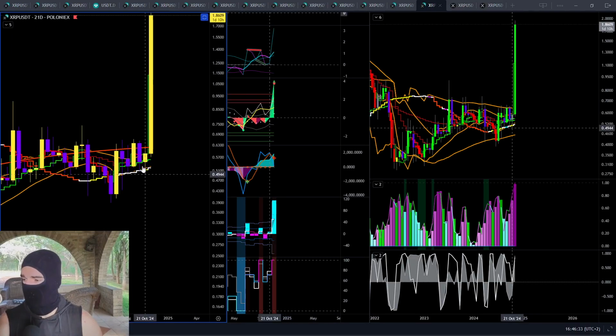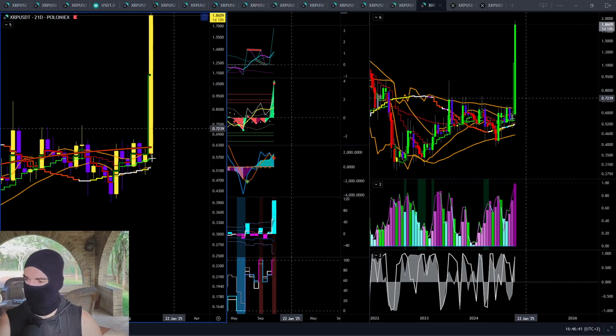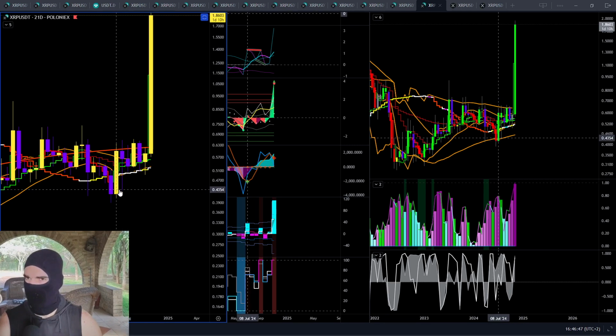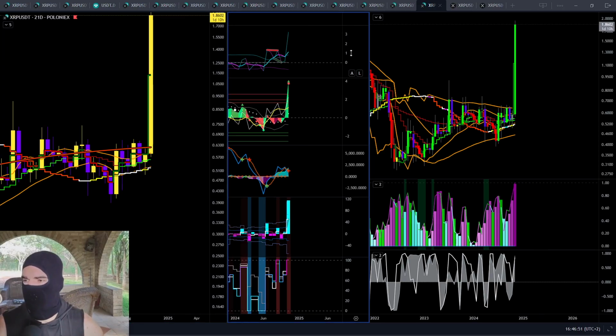Power mean bands down here that you can see. If it closed outside of it, I'm sure this would have folded over, but the fact that it didn't helped that previous bull div that formed here to play through, because it's still a higher low from down here in this price action.